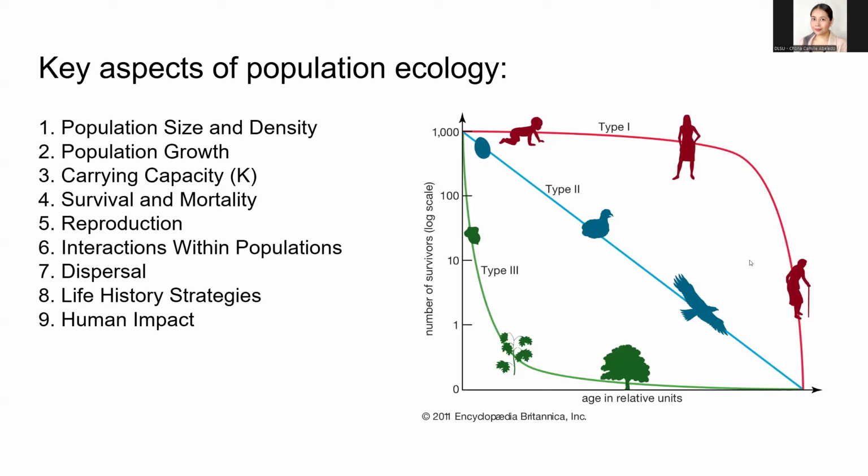So we have to be very much aware that human activities such as habitat destruction, pollution, and climate change can drastically affect populations. So hindi ito natural disasters, human disasters na siya. Kasi nagkakaroon talaga ng declines, shifts in distribution, and even large-scale extinction of species because of us.